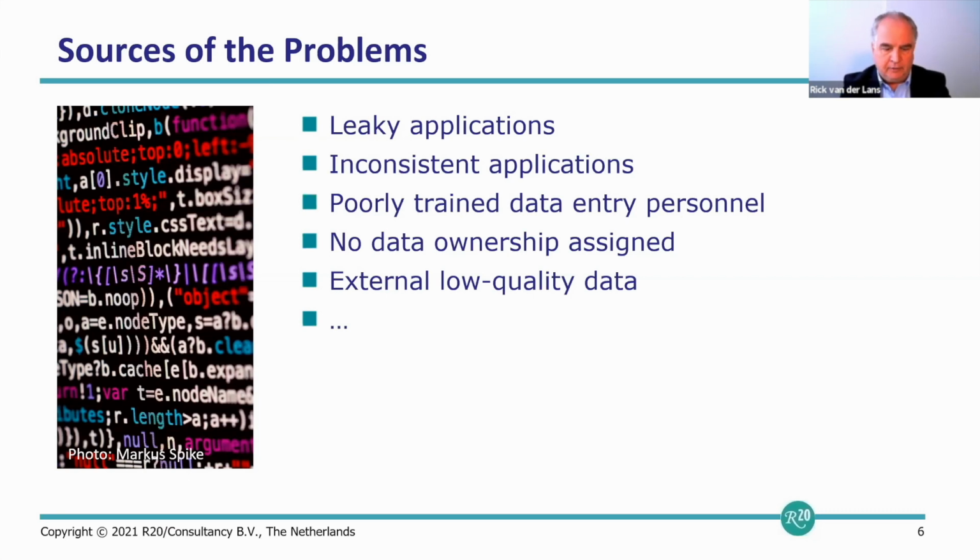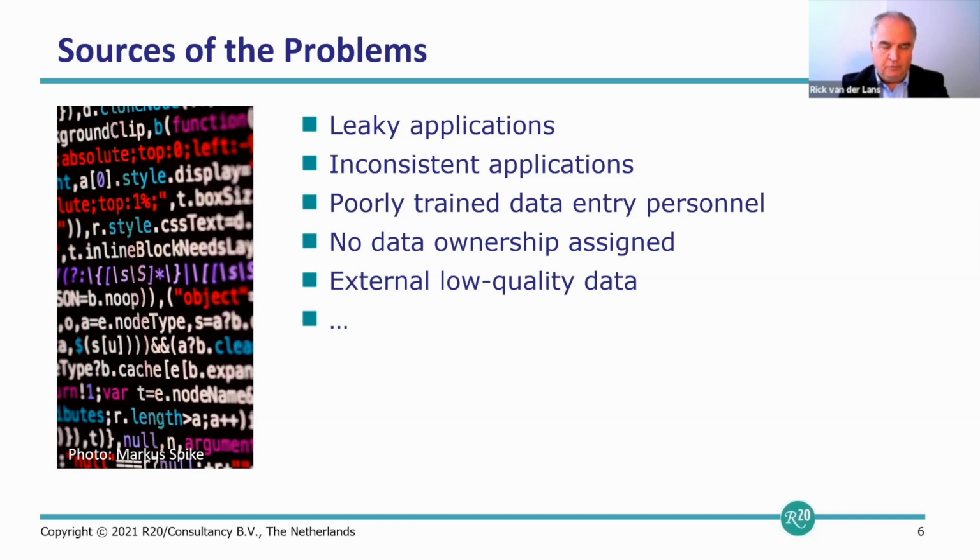It could be that the people who enter the data have not been trained properly. They've not been told how important it is that they fill in all the data entry fields, and that they fill them in correctly. Maybe they're not even being rewarded for that. No data ownership assigned. That's a very classic problem.